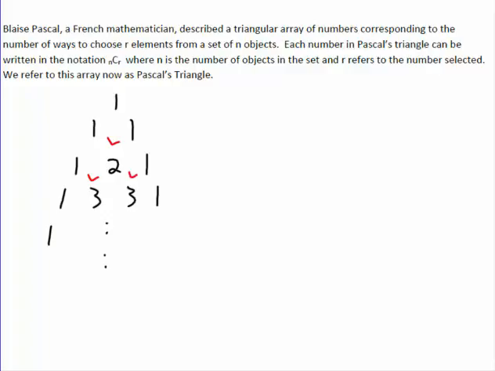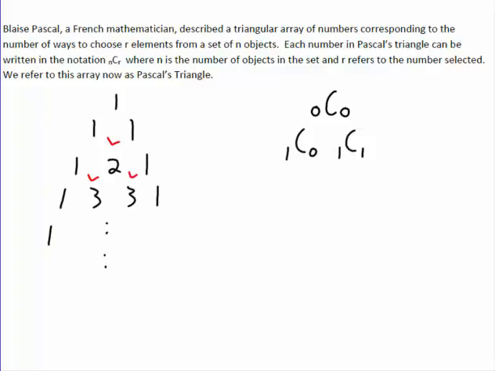But what this corresponds to is if we set it up with combinations, the first number we could say is 0C0. The next one is 1C0, 1C1. If you put these numbers in your calculator, you'll find out that all of those equal 1.